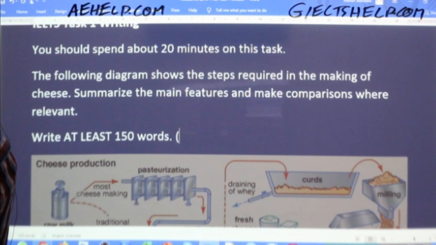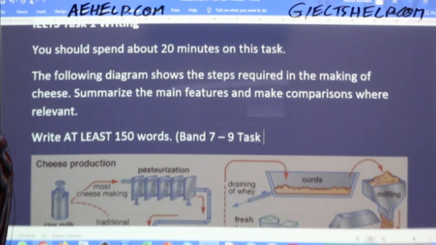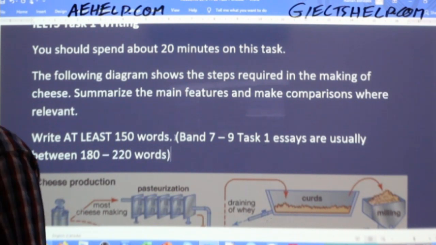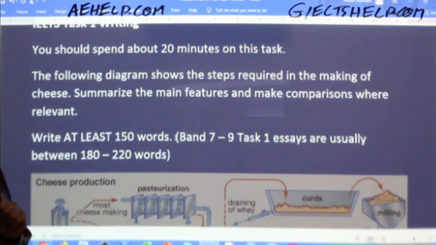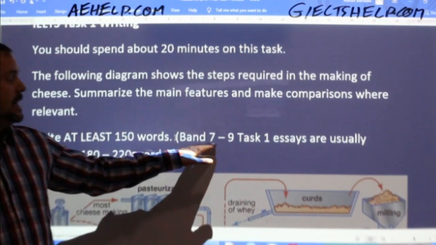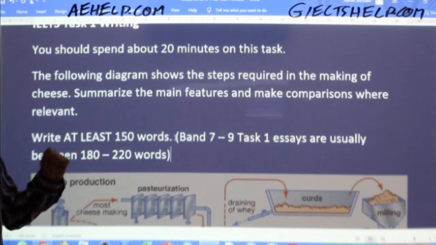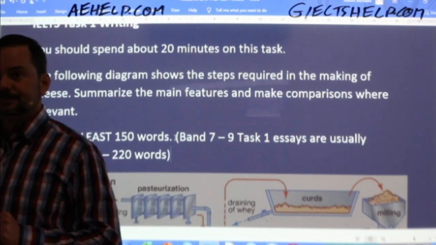Just so most of you are aware, band 7 to 9, task 1, essays are usually between 180 to 220 words, okay? They're more than the minimum. 150 is the absolute minimum. So if you're looking for that band 7 or more, you should be thinking closer to 180 to 200 words.